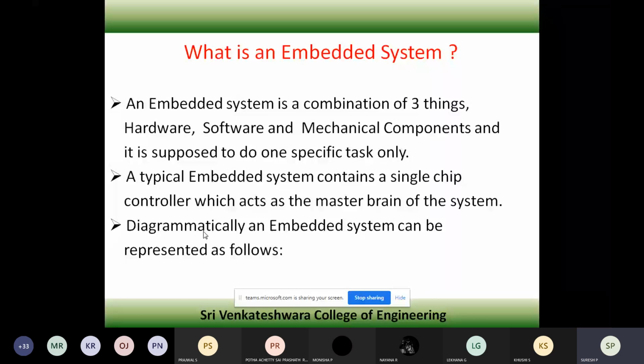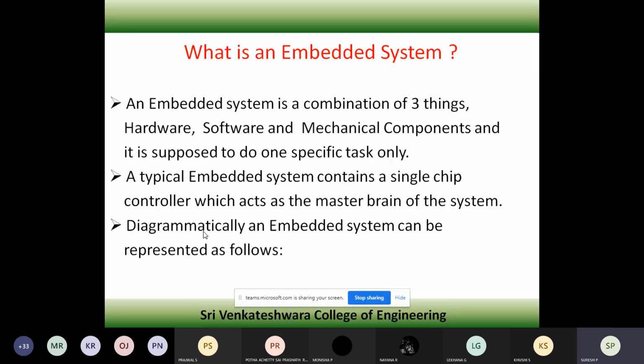So you have the controller inside your embedded system, either a microcontroller or a microprocessor, depending upon the type of application for which you are building the embedded system. So a typical embedded system contains a single chip controller.